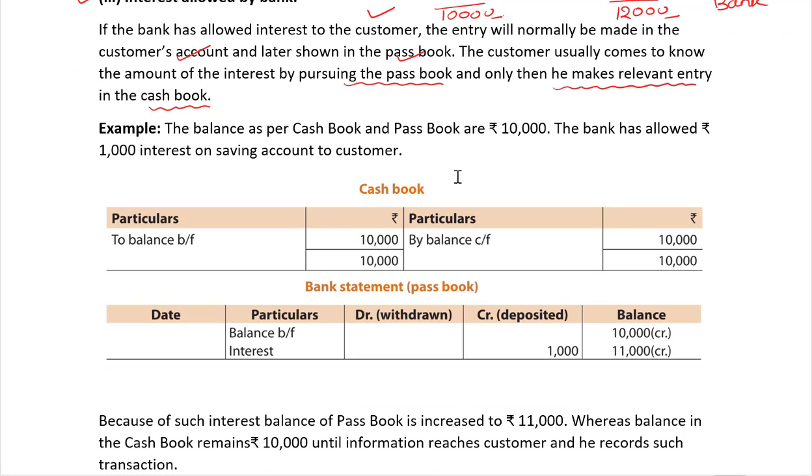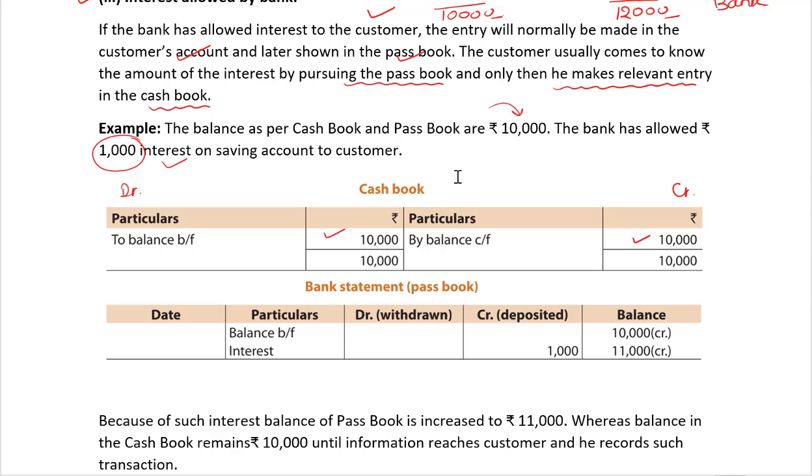Over here, an example is shared. The balance as per cash book and passbook is 10,000. The bank has allowed 1,000 rupees as bank interest on the savings bank account to the customer. In the cash book, because the opening balance was 10,000, the closing balance will also be 10,000 because between opening and closing balance there are no relevant entries.